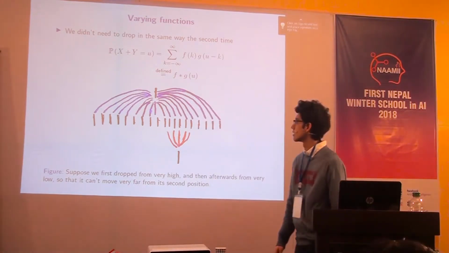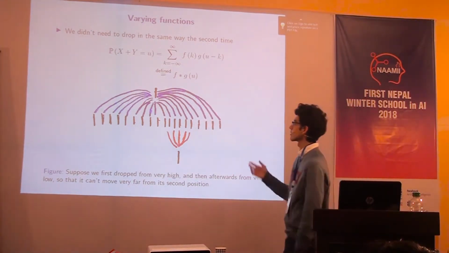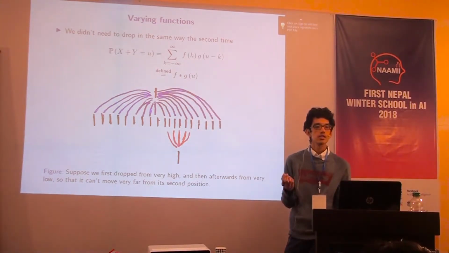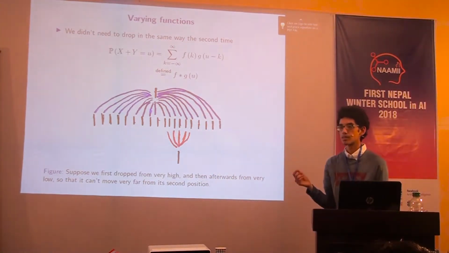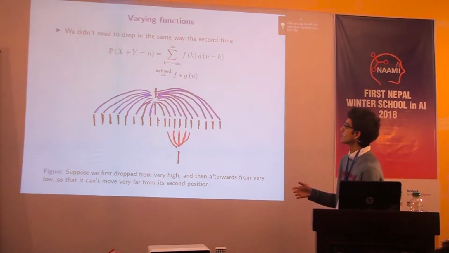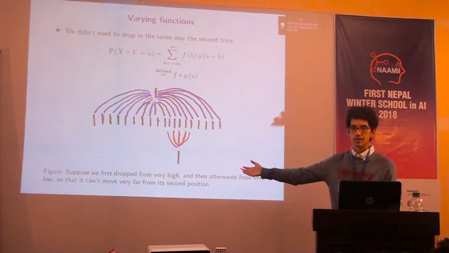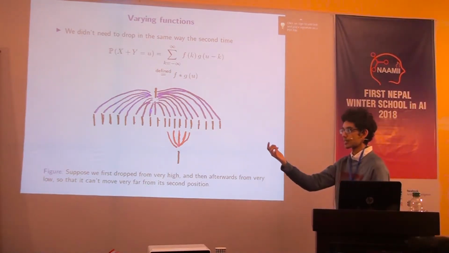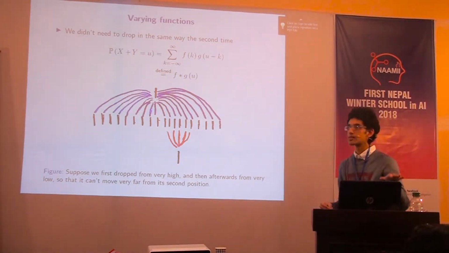Geometrically, my first f function could have gone to all of these possible places, and then the second one only moves a little bit from that first place, because the second time I drop it from a very small place. If you're already familiar with CNNs, this is already looking like a convolutional neural network, because I'm translating all these smaller filters across a very big function, but we'll get there.